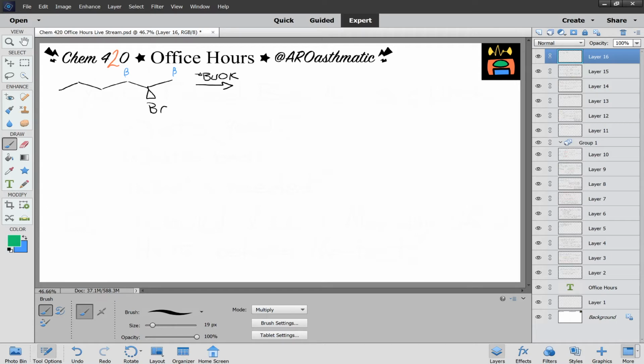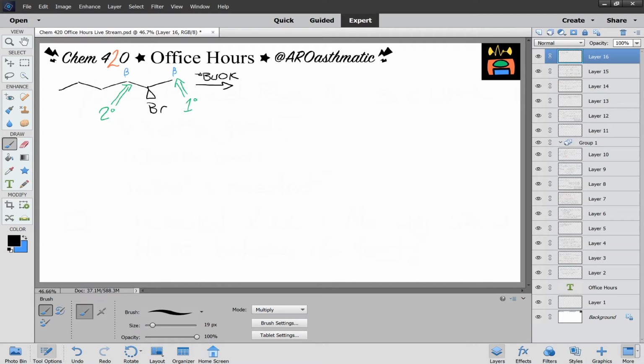This beta position is secondary. This beta position is primary, and because primary is less sterically hindered, the major product for the elimination with potassium tert butoxide will come from the less hindered side.